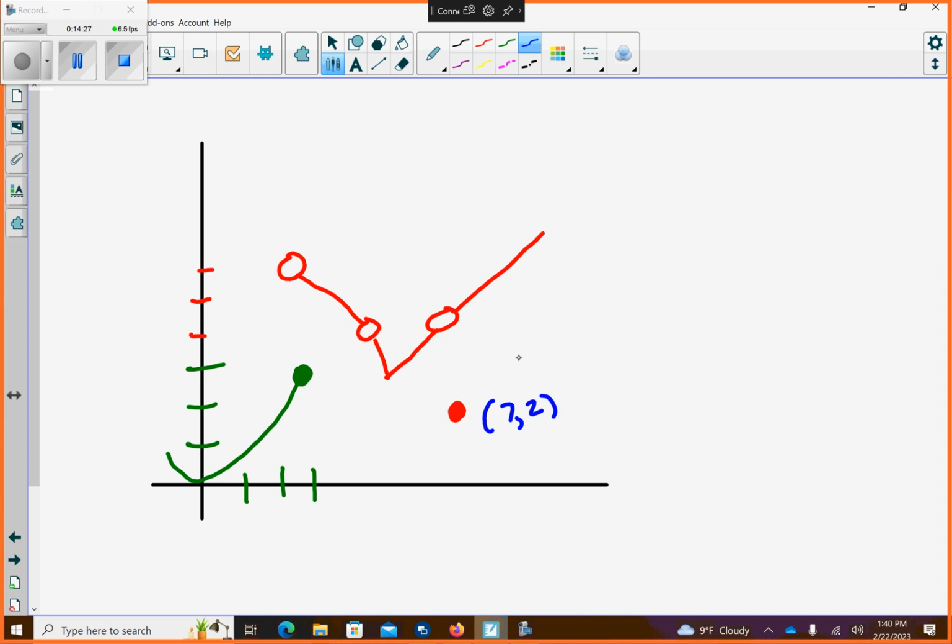This looks like it would be about the point 7 comma 4. This looks like it's at about 5 comma 4. This point up here looks like it's 3 comma 6. This point I believe is 3 comma 3. Okay.